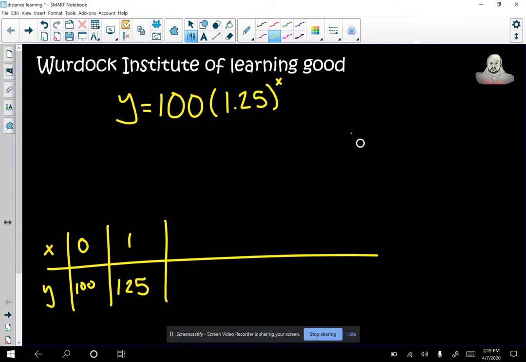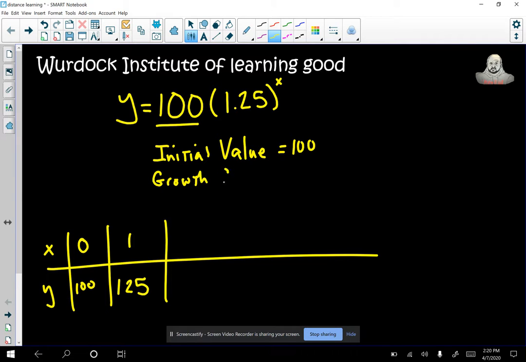We're just going to go over some terms here. That 100 is your initial value. Your growth factor, meaning what you're multiplying by, is 1.25. But your growth rate, this is kind of tricky.